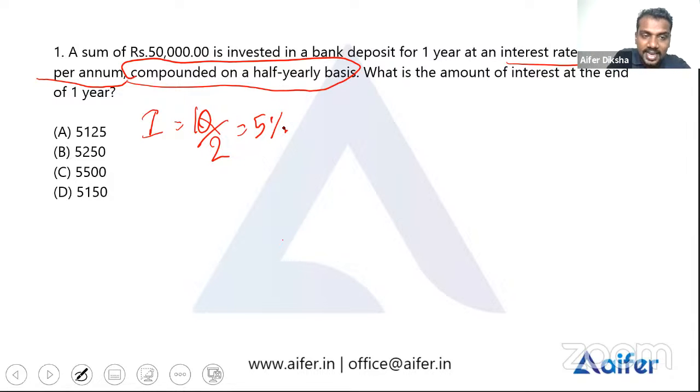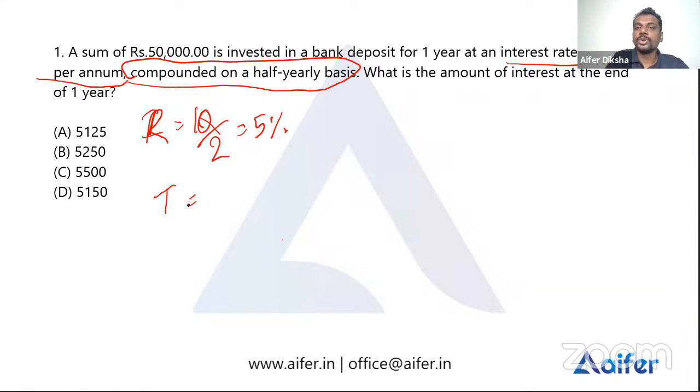The second aspect we should be clear about is the time. Here it is given 1 year, but it's also given it is compounded on a half yearly basis. Somebody has asked me a doubt regarding the duration of half yearly.